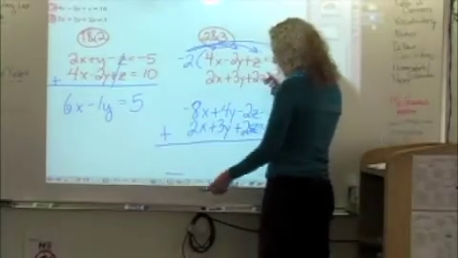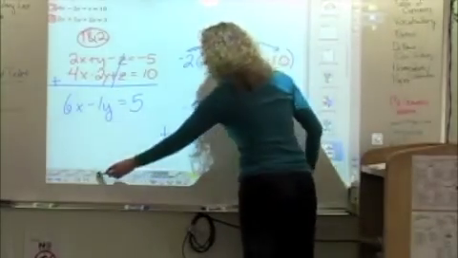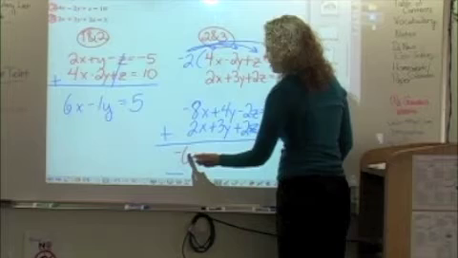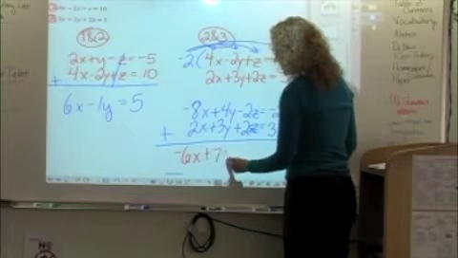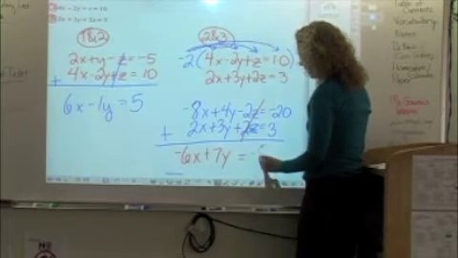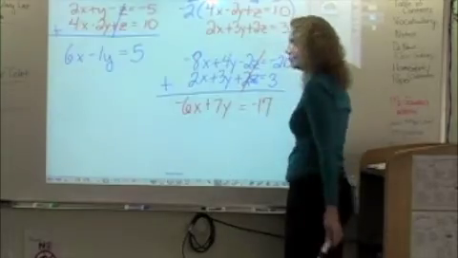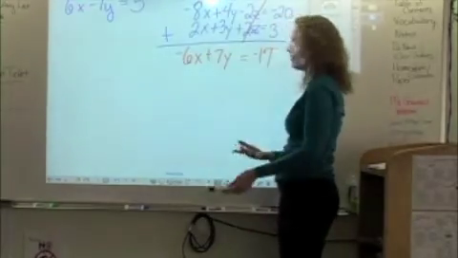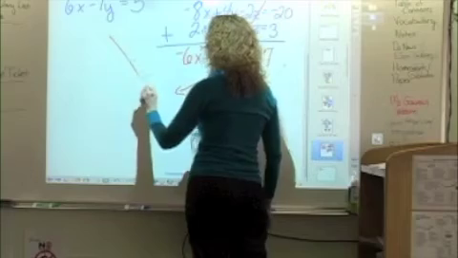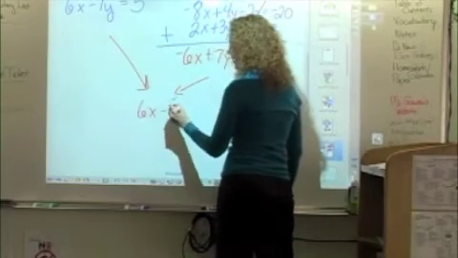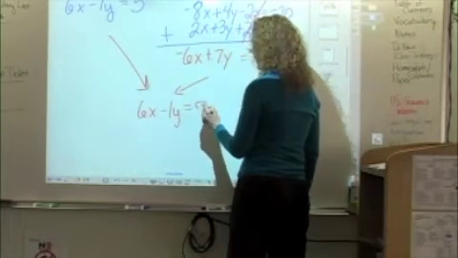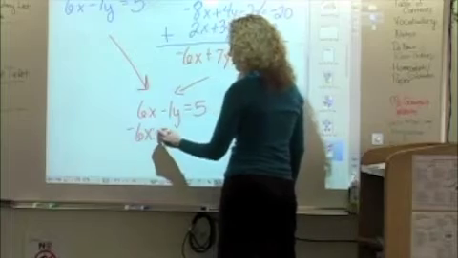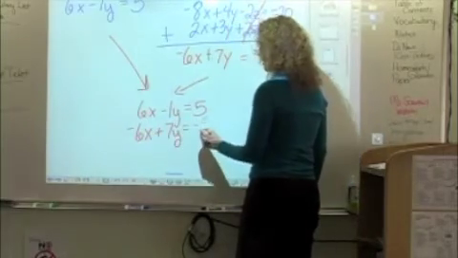Make sure it's going all the way across when you distribute it. When I add my systems, negative 6x plus 7y, my z's are eliminated, and I have a negative 17. Back to what we've done on all the others, we're going to combine these two together. 6x minus 1y equals 5, negative 6x plus 7y equals negative 17.